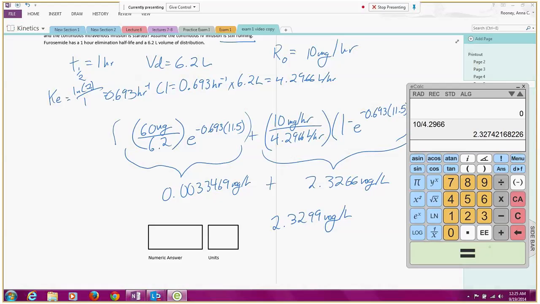Either way you could have gone, but with something that's worth 10 points, I just feel more confident when I'm able to write out this whole entire thing and know exactly what I'm doing. I am the master of my own world when I do that. But you could misenter something, you could misdo something, so it's a risky strategy, but if you understand the concepts, you can always double check it.